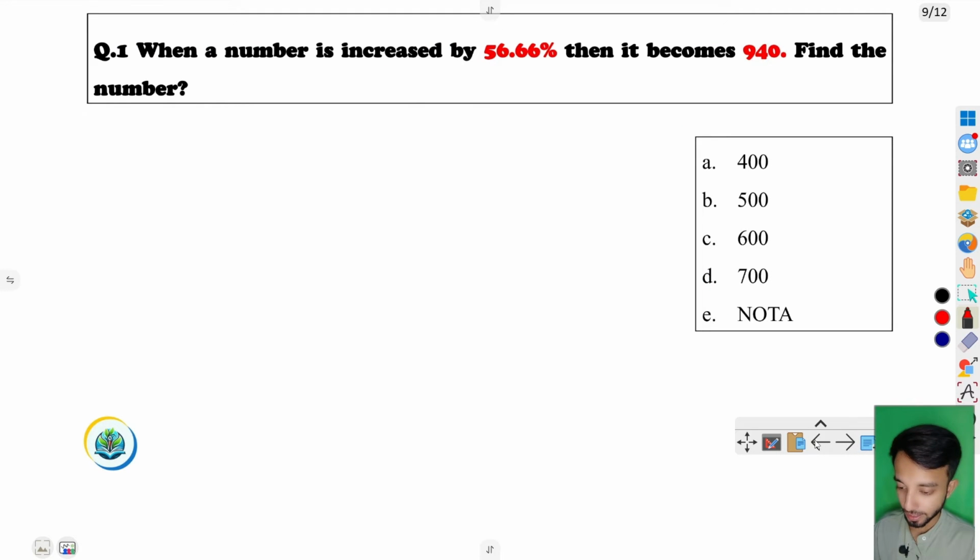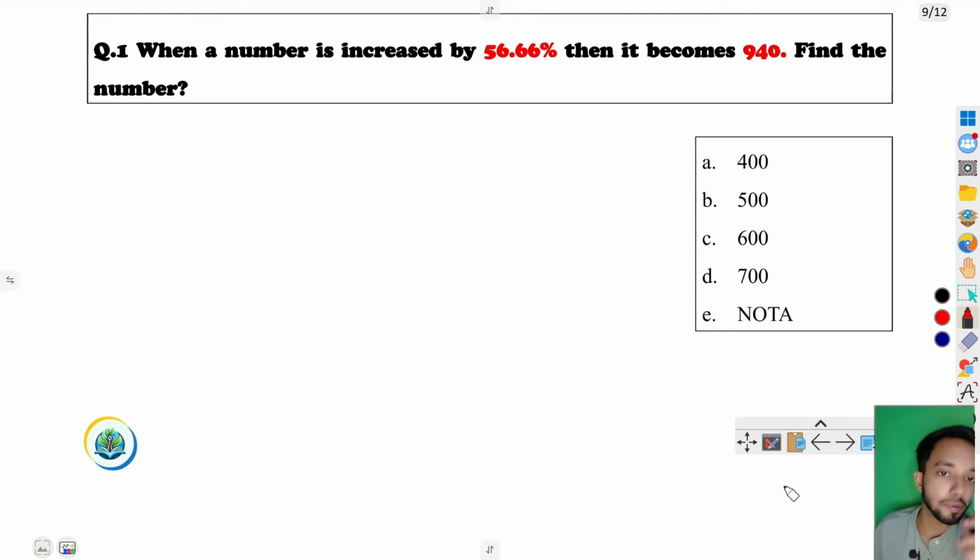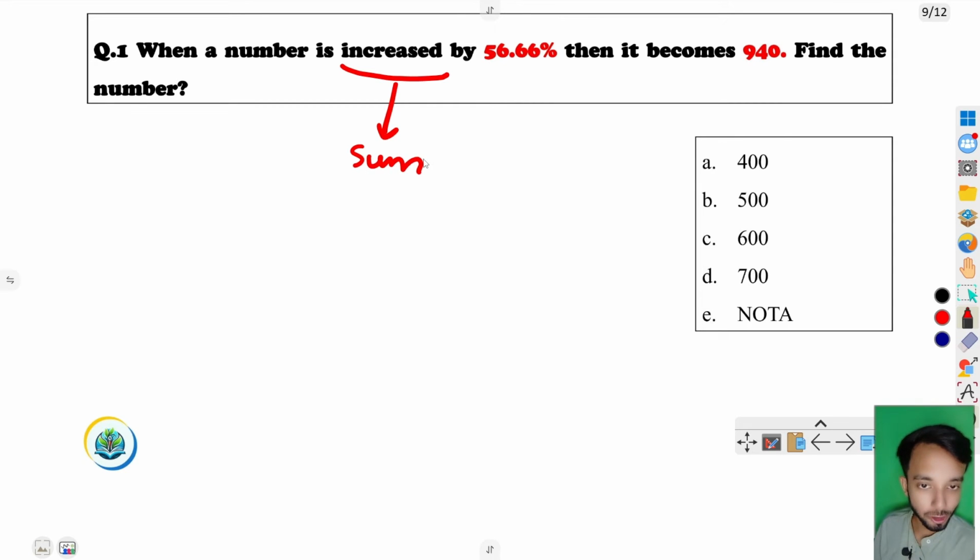So let's quickly see and discuss these beautiful questions. We already know the technique now, so we should be able to solve these questions within some seconds. When a number is increased, that means we need to do the sum of your numerator plus your denominator.